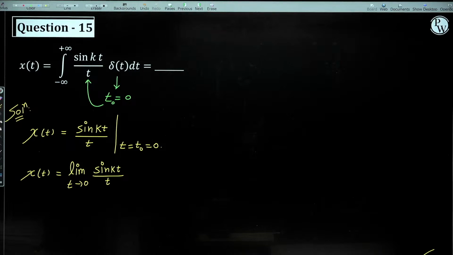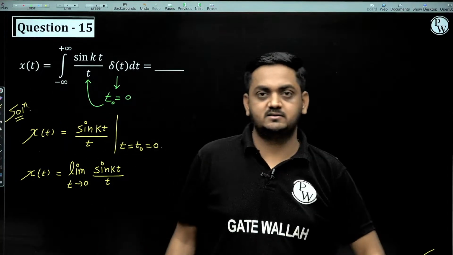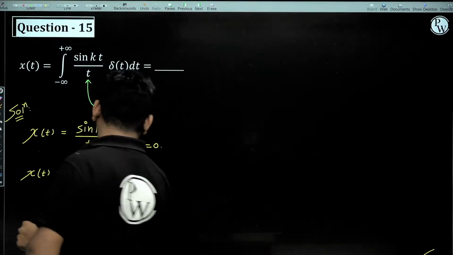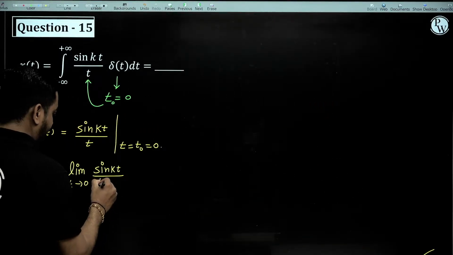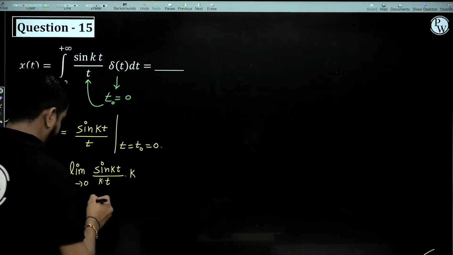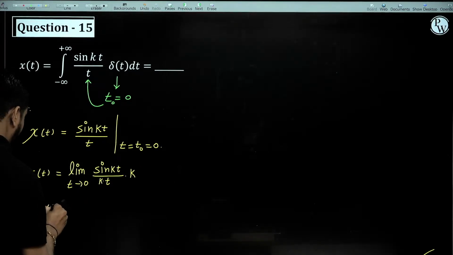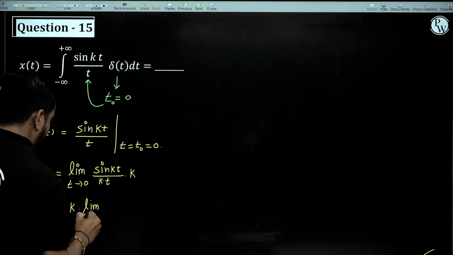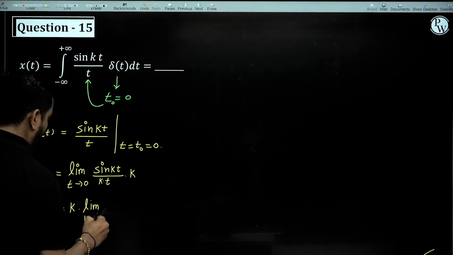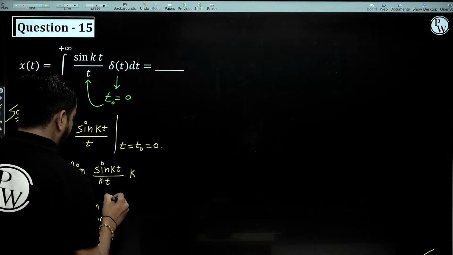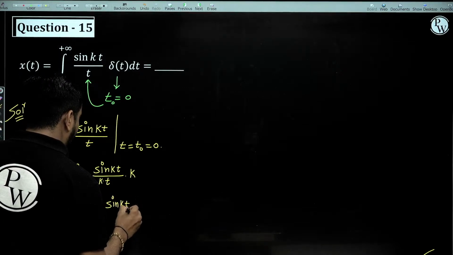Now sin theta by theta is equal to 1, guys, but here theta equals kt, so in the denominator also it should be kt, so we divide by k and multiply by k. So x of t is equal to k times the limit, here also kt tends to 0 because t tends to 0, both are the same, of sin kt divided by kt.